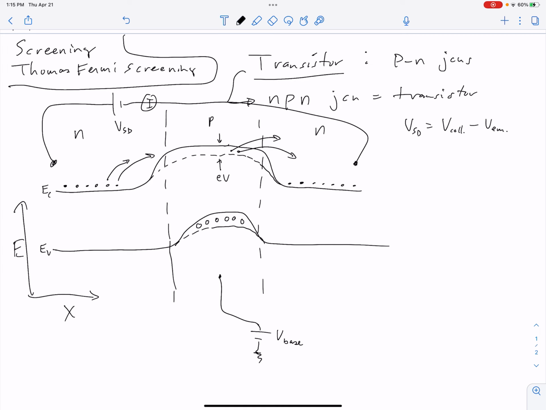So the current will be carried mainly by the electrons in this NPN junction transistor. And so the base controls the conductivity of the whole double junction system.